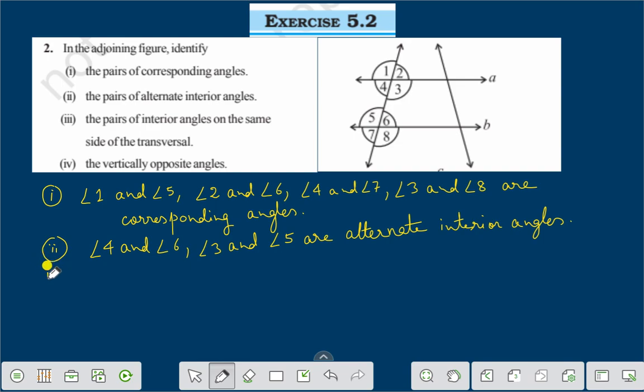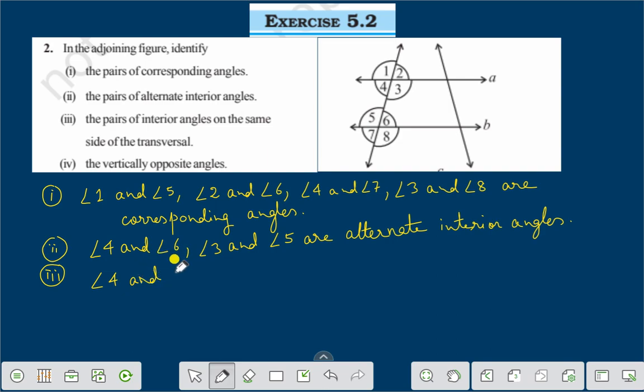Now question number 3. The pairs of interior angles on the same side of the transversal. That is angle 4 and angle 5, angle 3 and angle 6.